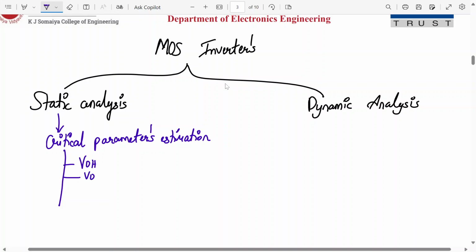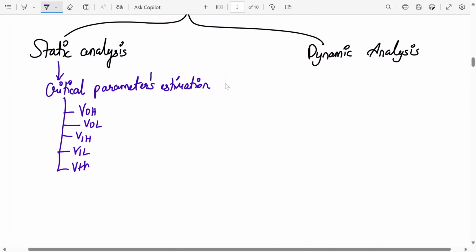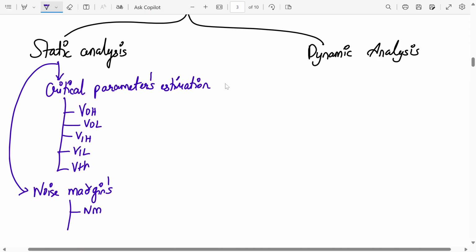VOH, VOL, VIH, VIL and VTH. Then we determine the noise margins, right? From these critical parameters, what do we find? Noise margin levels, which are noise margin low, noise margin high.